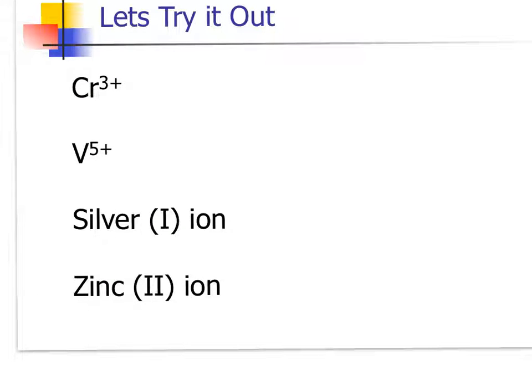So, how do we do this naming? Well, here we go. Cr, find it on your periodic table, and you're going to find that it is chromium 3 ion. Why 3? Well, because there's a 3 written right there.